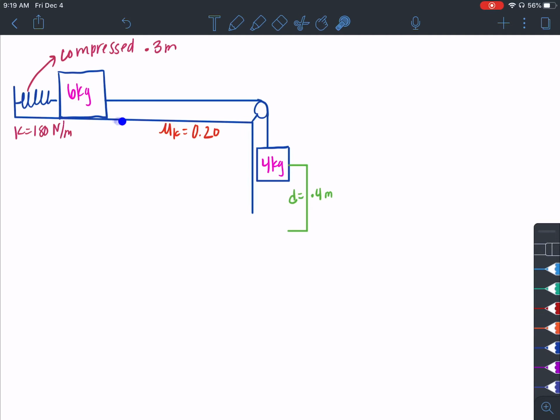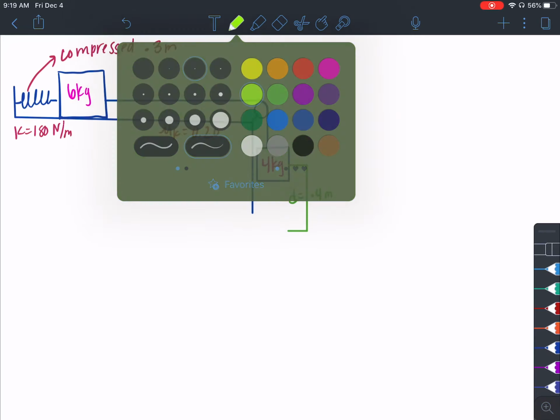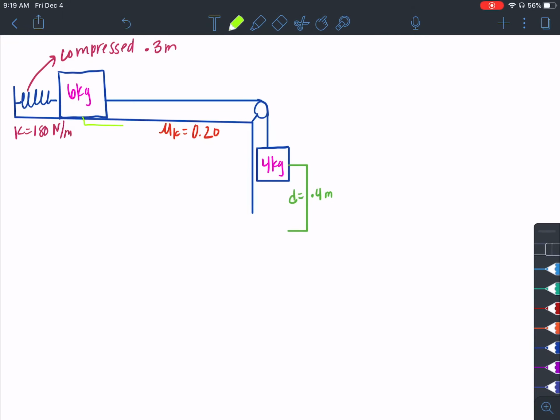There is a coefficient of friction between the block and the shelf. Both of these are going to move a distance of 4 centimeters. I didn't put it up here, but I could have also said that it's going to move 0.4 meters. So this is what we are looking at here.